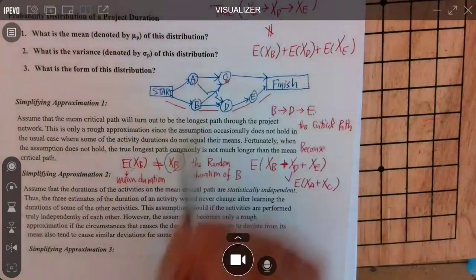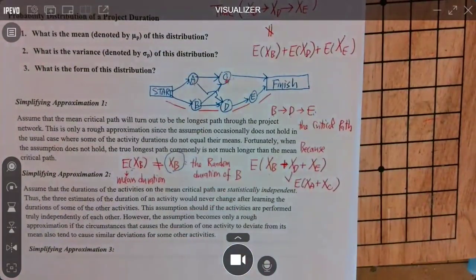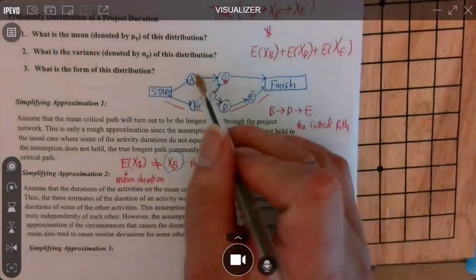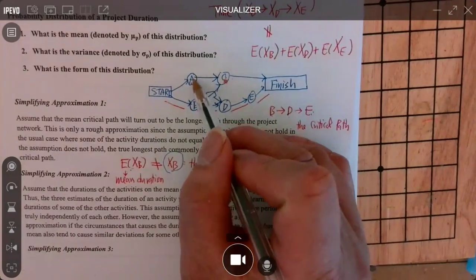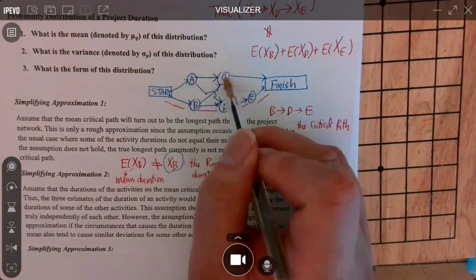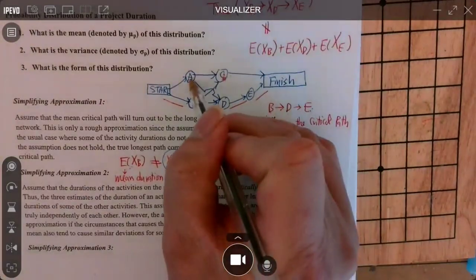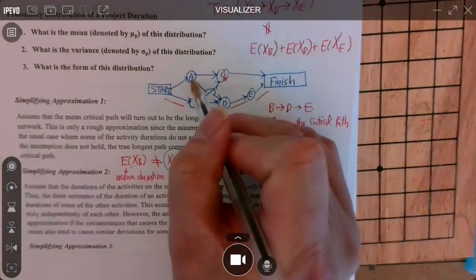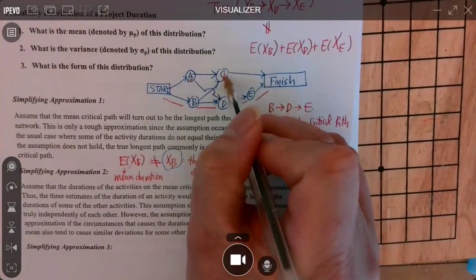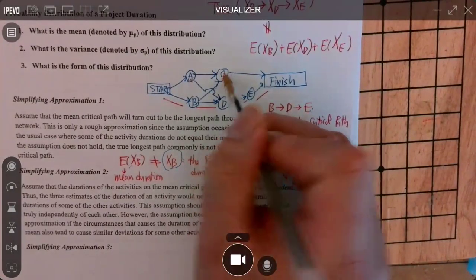So usually, if you don't see that extreme case, you can think about activities C and A both sharing the same old machine. And because it's an old machine, it breaks down many times. So A is delayed, that means C will also be delayed because they use the same machine or same equipment. Okay?